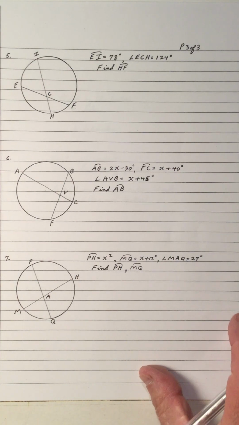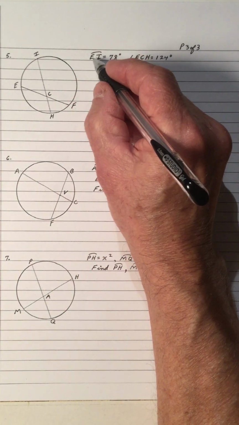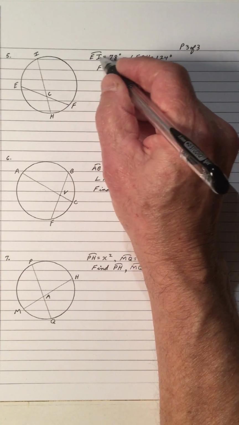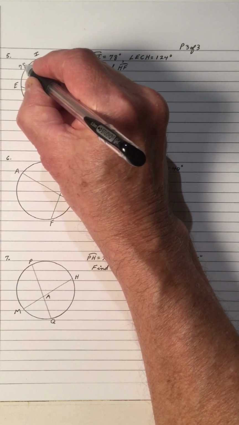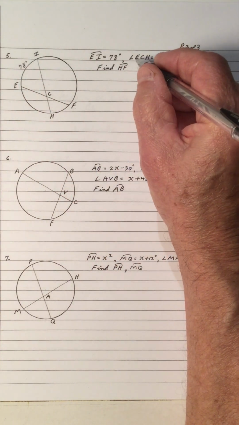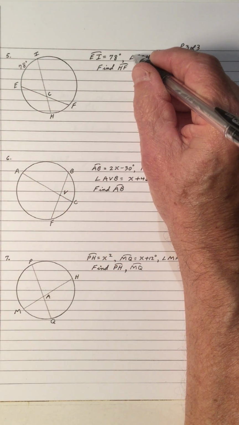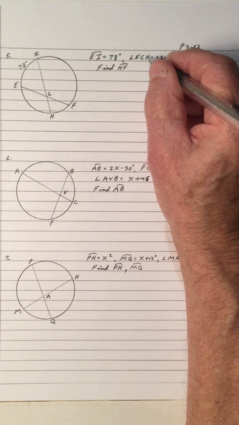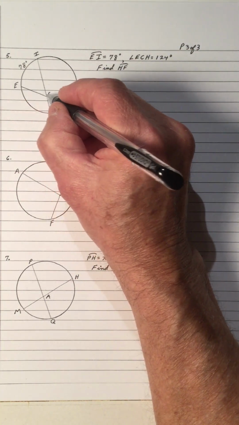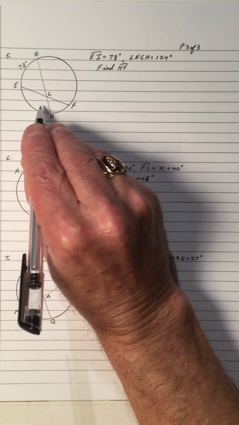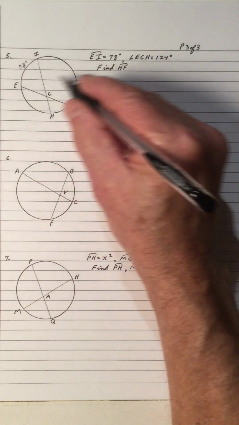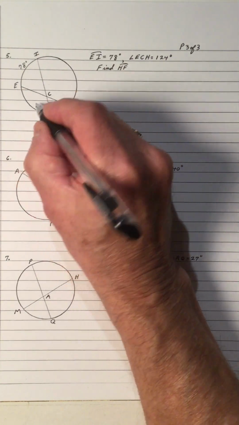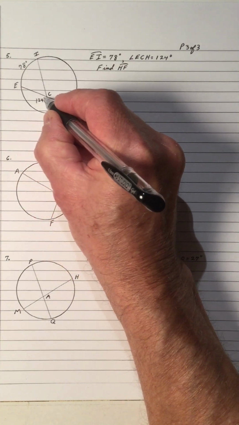Okay, let's do another one. So we have the arc EI is 78 degrees. And the angle ECH is 124.